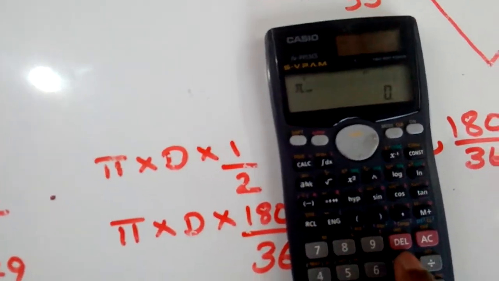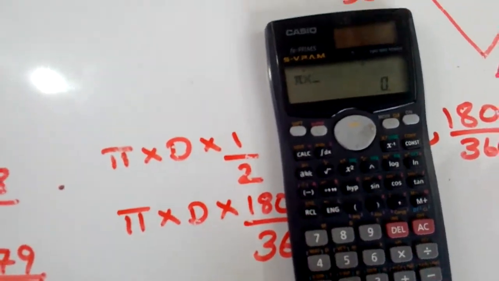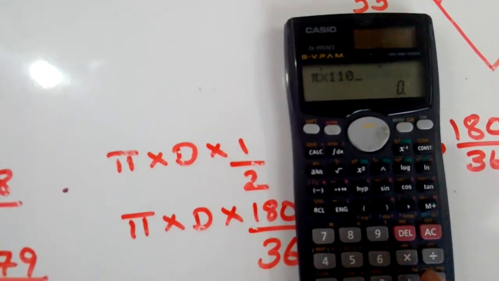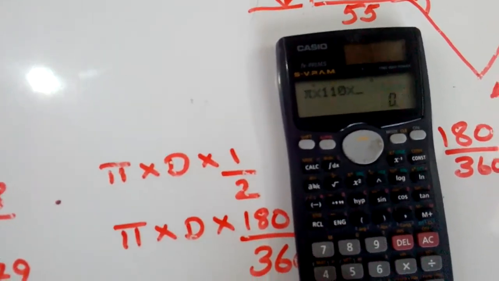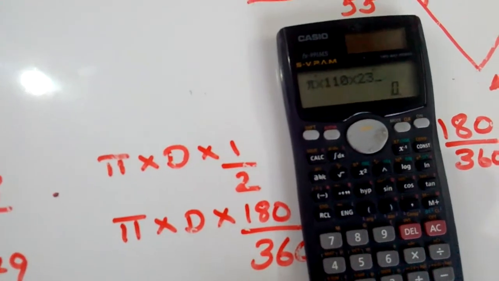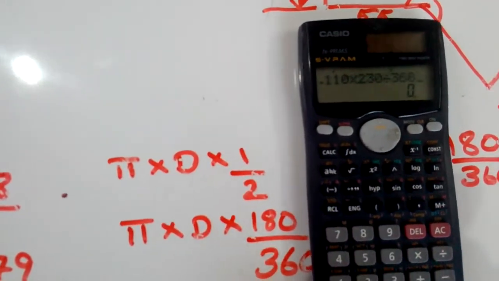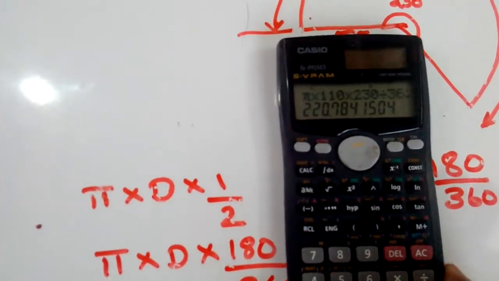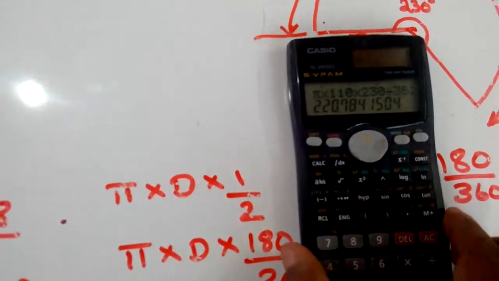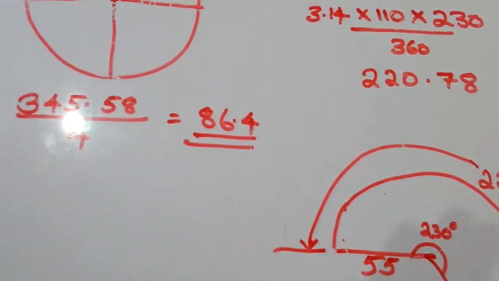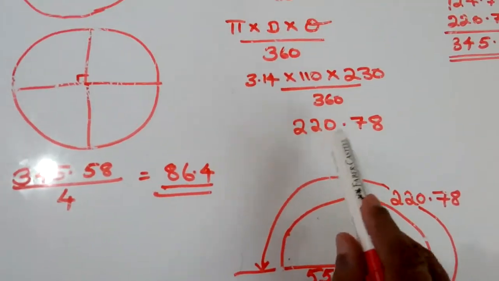Pi d into degree divided by 360. d is 110, the degree is 230. 230 divided by 360, and we have got the measurement 220.78.